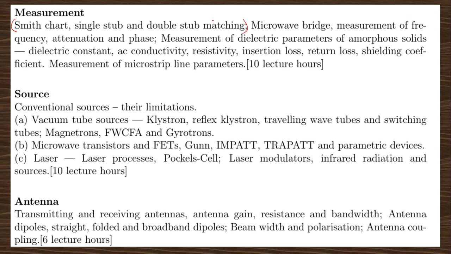In the first part we took one portion, in the second part we covered another, and in this third part we want to discuss the dielectric parameters of amorphous solids: dielectric constant, AC conductivity, resistivity, insertion loss, return loss, and shielding coefficient.